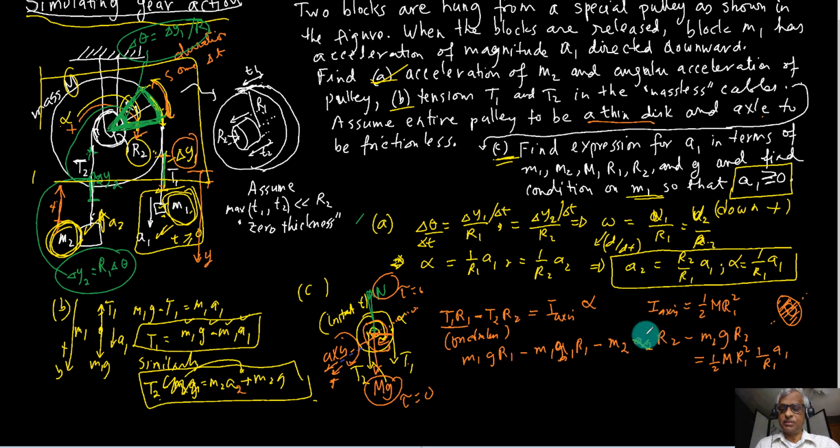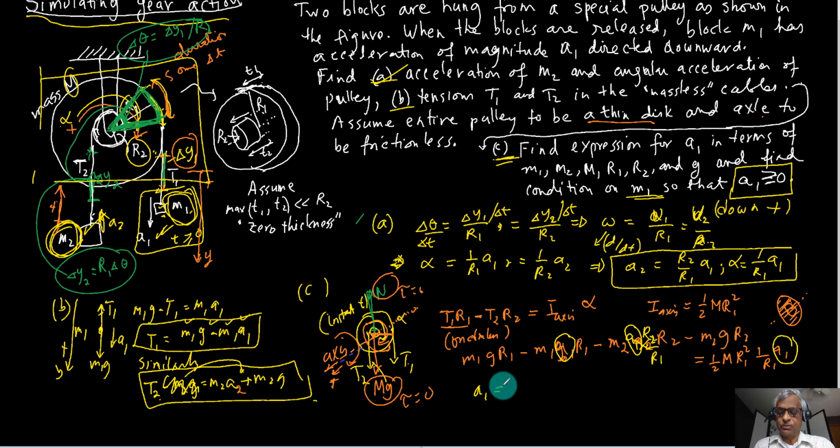So replace this with r2 over r1 times a1, and I can collect all the a1s. There is an a1 here, here, and here, and we can bring all of this to this side, and then you can solve for a1.